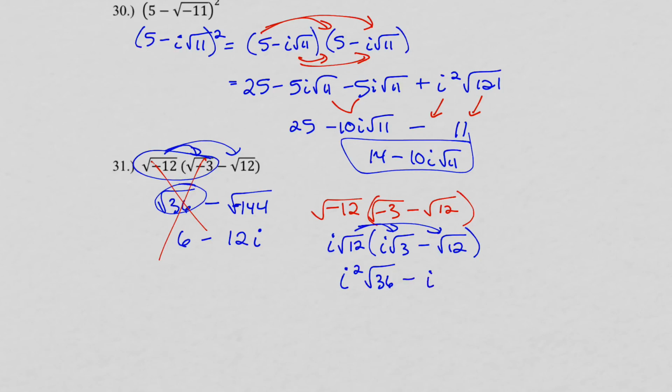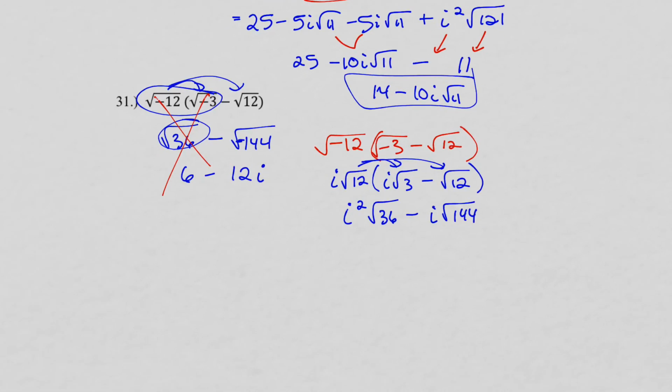And then 144, which is 12i here. That looks the same. So the different part here is not only is that a 6, but this right here becomes a -1. So this one produced a positive 6, and this one produces a -6.